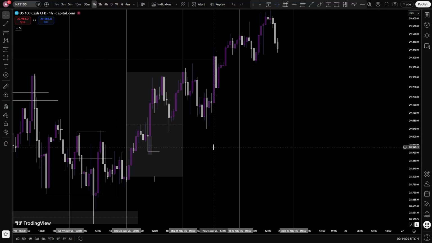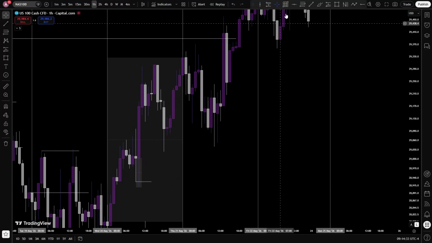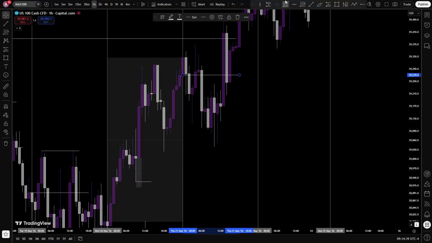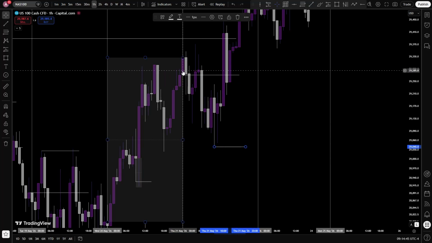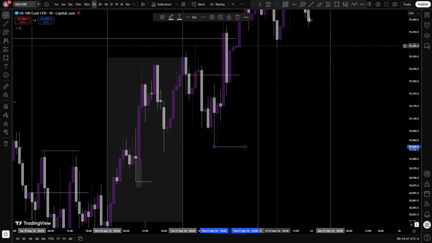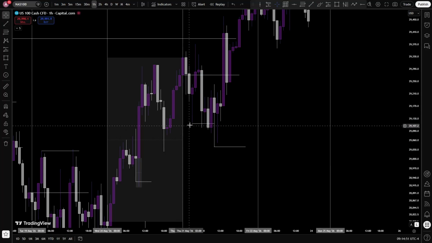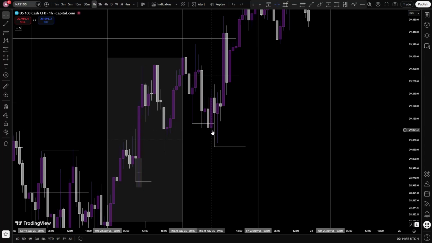So if we take a better look, we got again the Thursday open, which is this part here. After that we got the Judas swing of that day. The price went down, cleaning this sell side liquidity here on the left side and pushing the retail traders into sell positions.